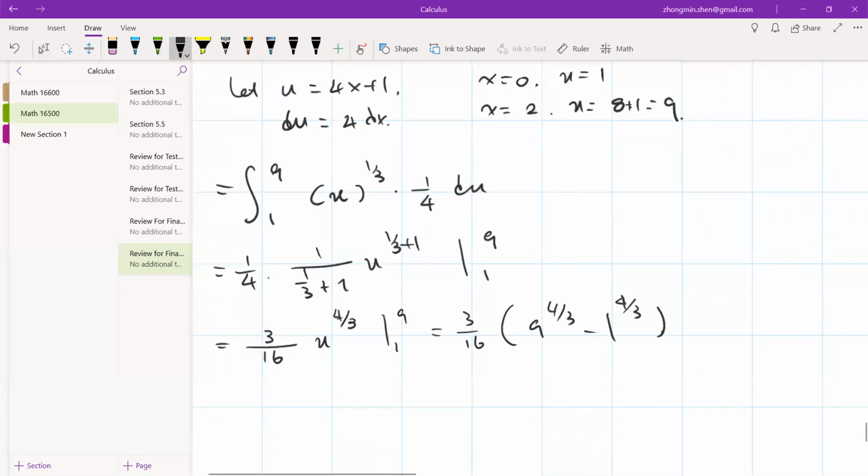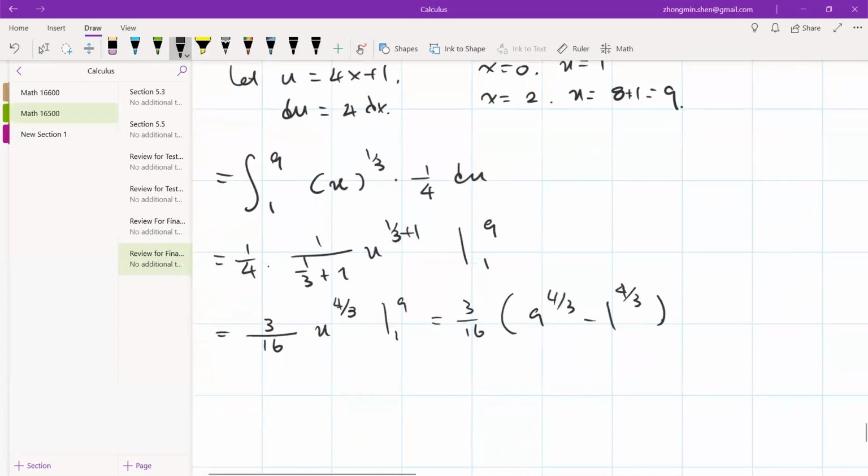How do you see that? No, no, I cannot simplify. Sorry, 8 works, the 9 does not. So we're not able to simplify 9 to the 4/3 first.